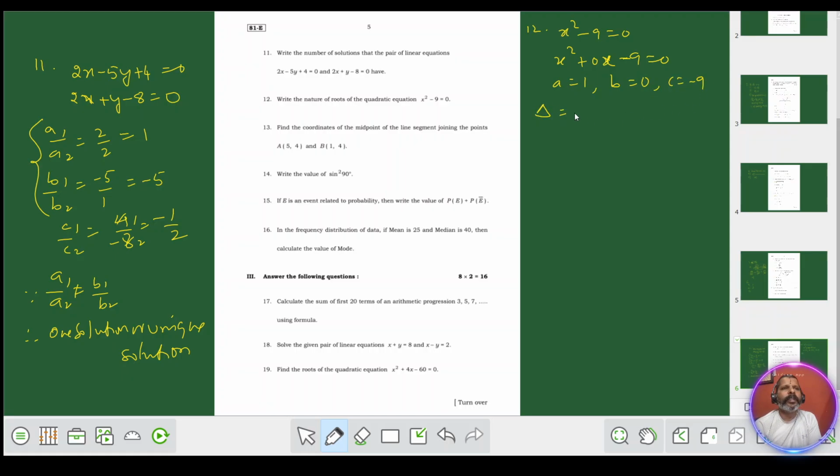So the nature of roots can be found by the value of the discriminant, which is b square minus 4ac. B square is 0 minus 4 into a into c, which comes as 36, which is greater than 0. Therefore, roots are real and distinct.